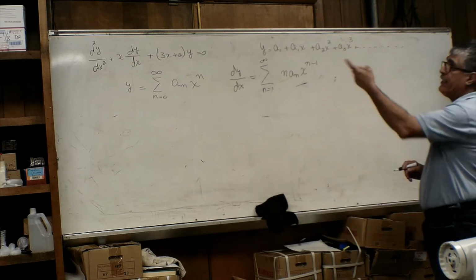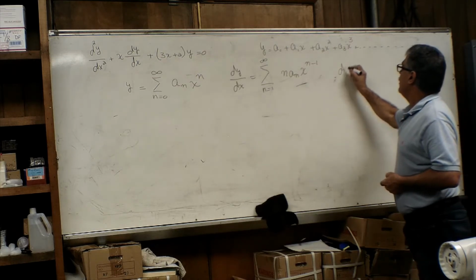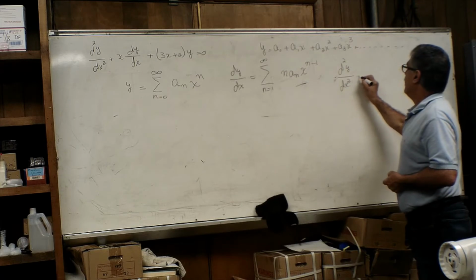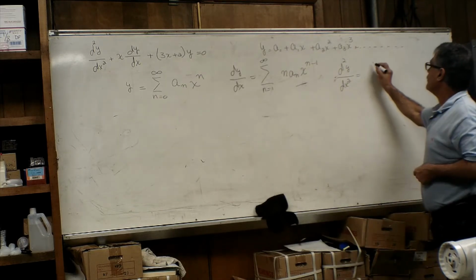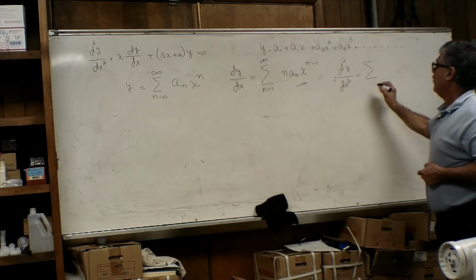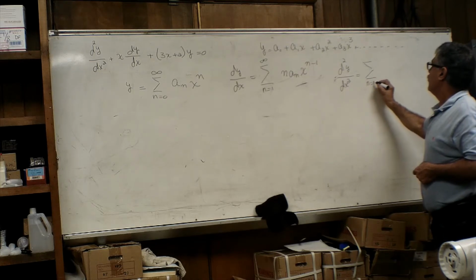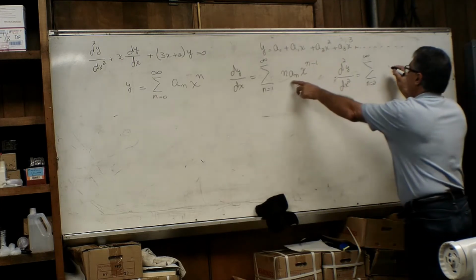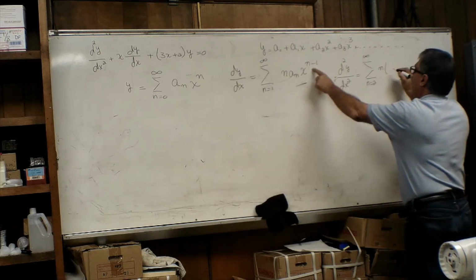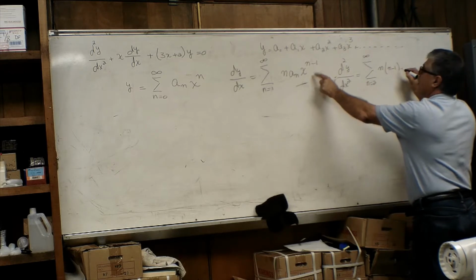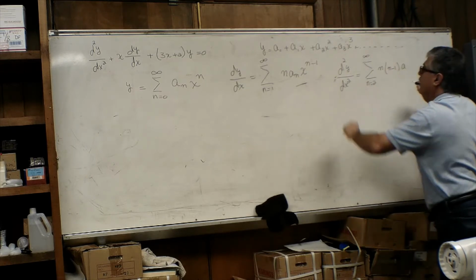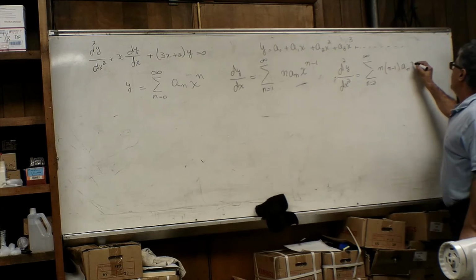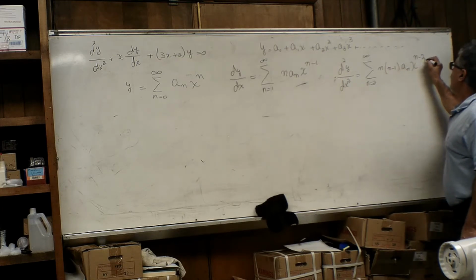And our second derivative, d2y/dx2, will be equal to the summation of n from 2 to infinity of n multiplied by n minus 1, an x to the power n minus 2.